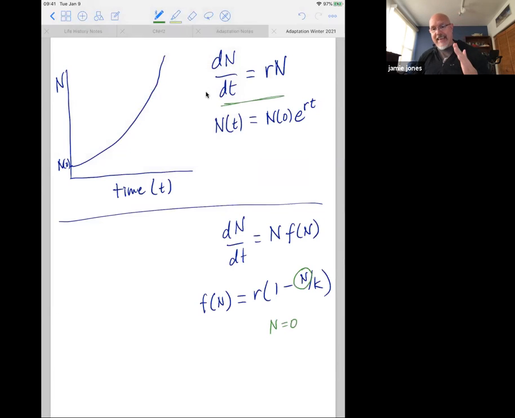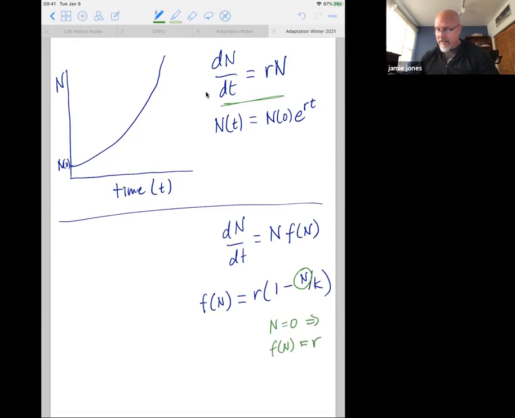So at the early stages of population growth, this model, called the logistic model, behaves just like the exponential growth model. There's an early exponential growth. So this implies that f of N is equal to r.